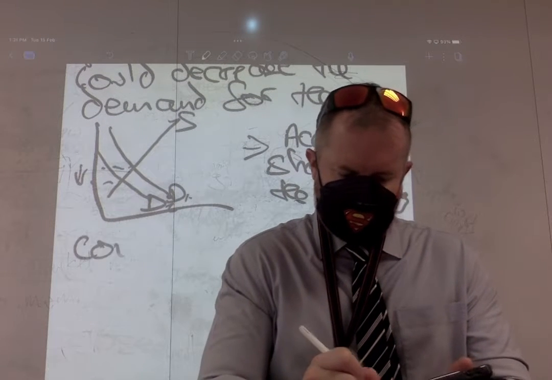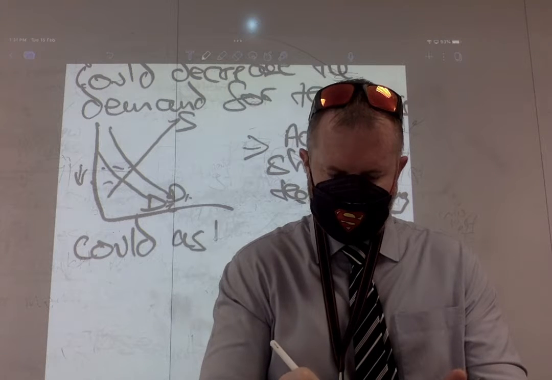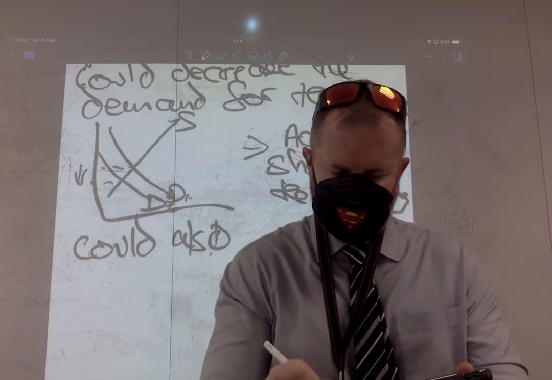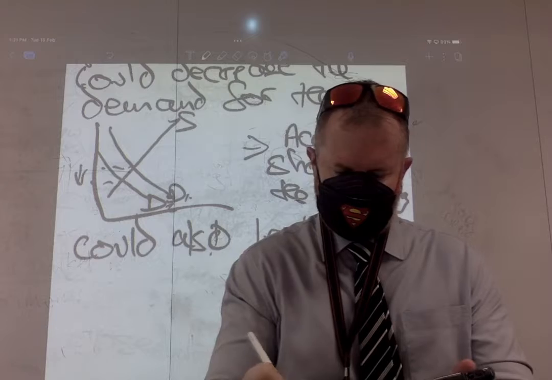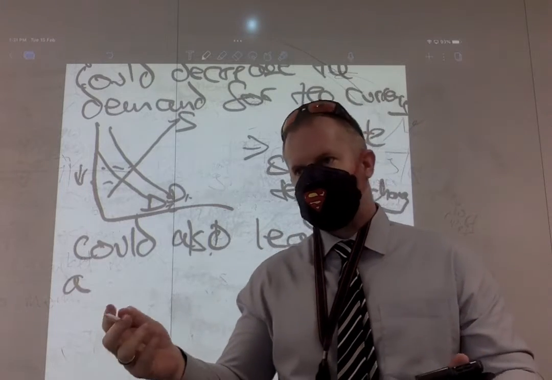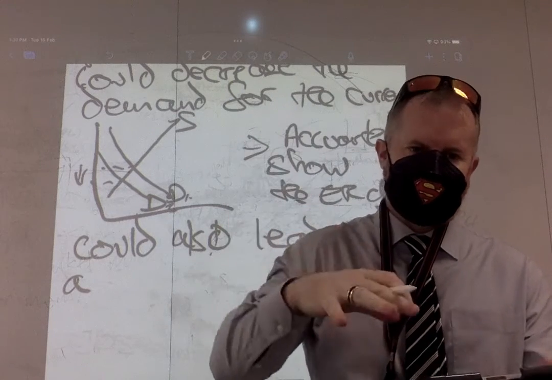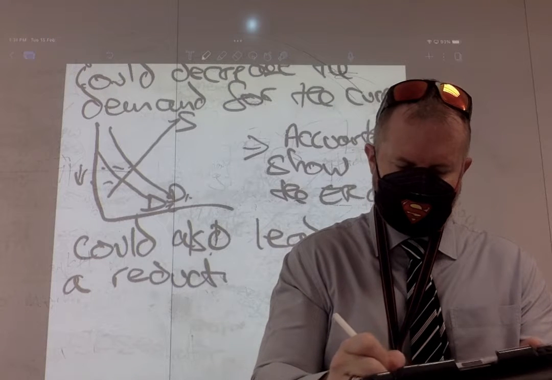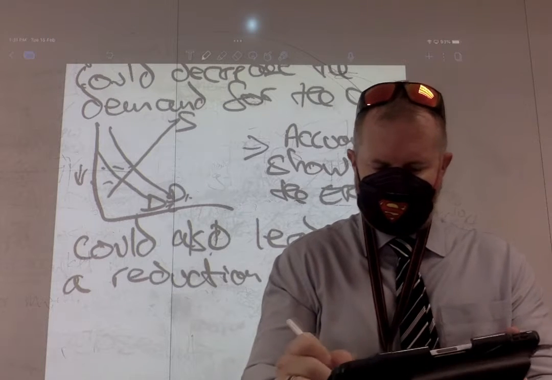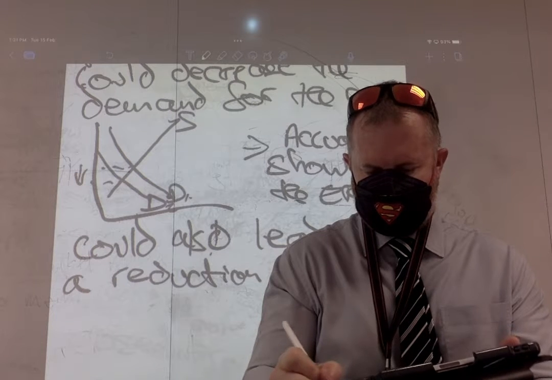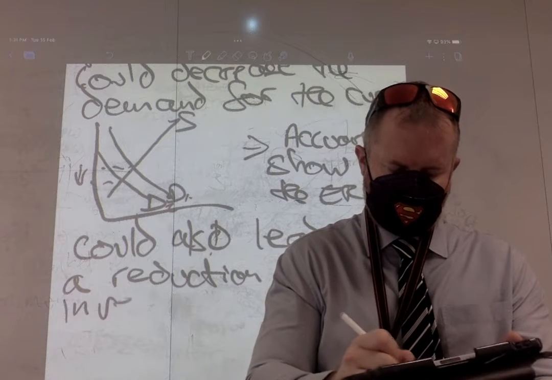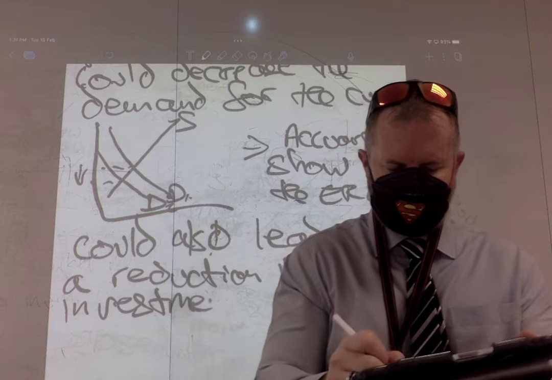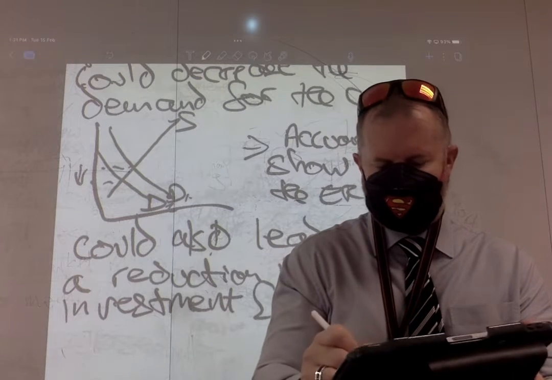They could also lead to, let's talk about from a domestic point of view, a reduction in current investment. When we talk about economic development, we actually refer to something called capital flight.